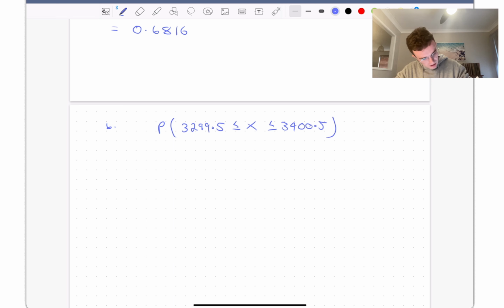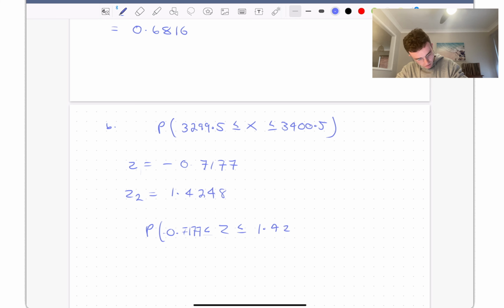And we're going to do some new z-scores. If you do that first z-score with that new number, you get minus 0.7177. And the second z-score is going to be 1.4248. So really now we're looking at the probability that z is between minus 0.7177 and 1.4248.